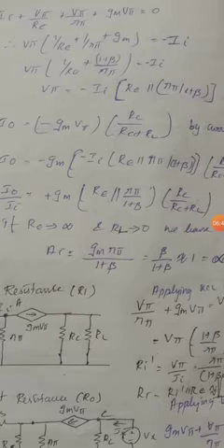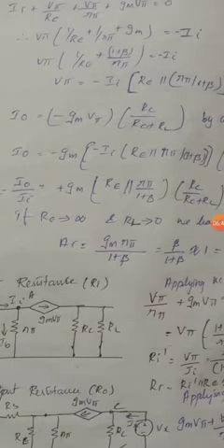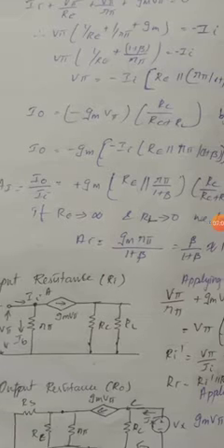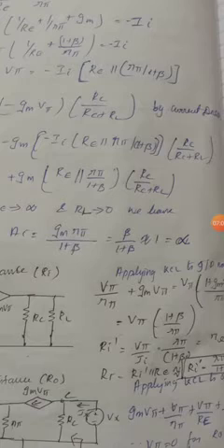Then our I naught can be written as minus GM V pi into RC divided by RC plus RL, that is by the current division rule. Substituting this V pi, because our current gain is I naught by II, taking II to the other side, the current gain is minus of minus, so plus GM into RE parallel with R pi by 1 plus beta into RC by RC plus RL. This will be our current gain.